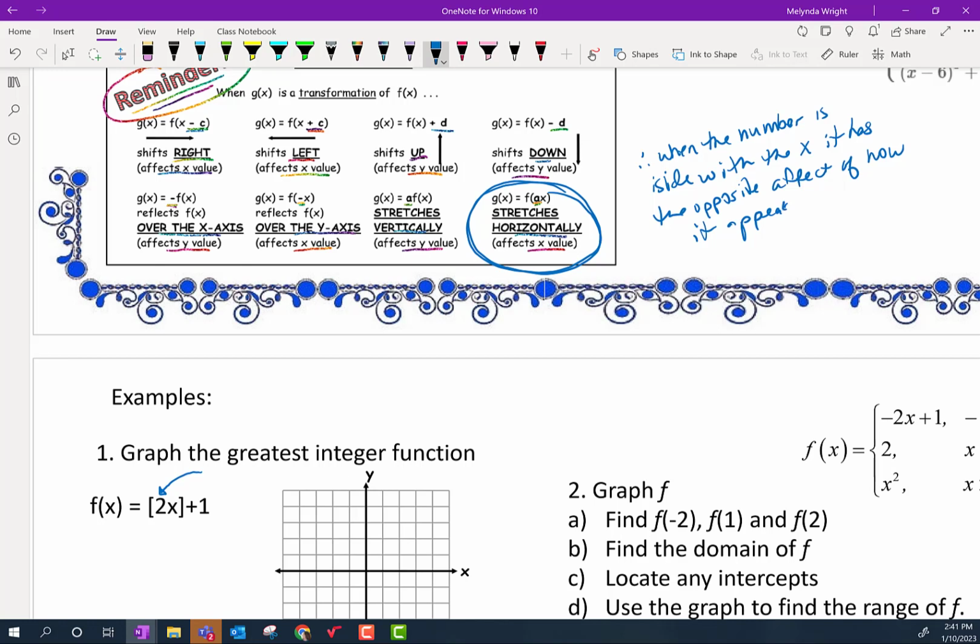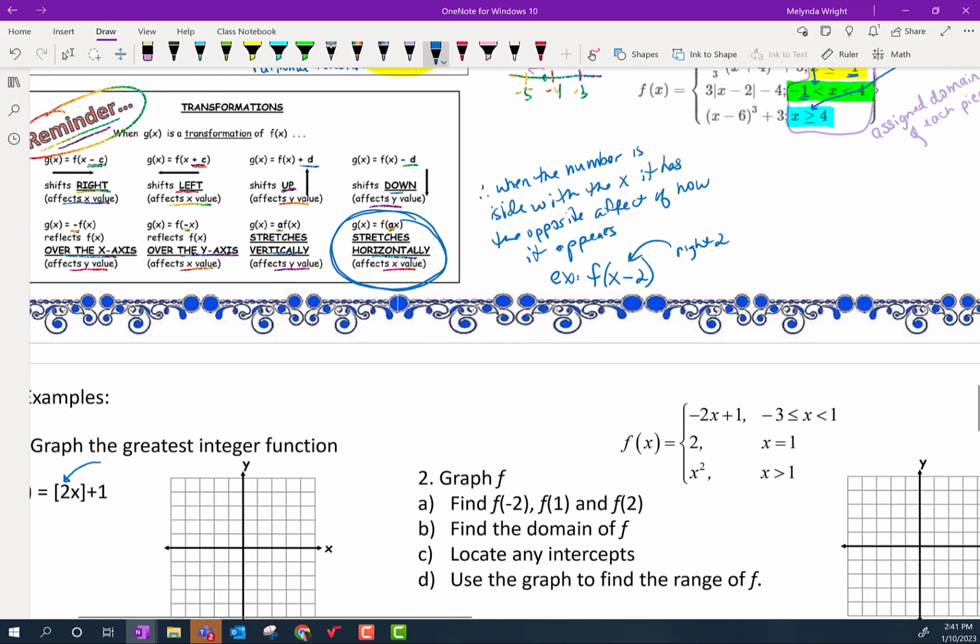For example, f of x minus 2 means right 2, not left 2, right? That means right 2. It seems like it should be left 2 because it's minus 2, but it has the opposite effect.